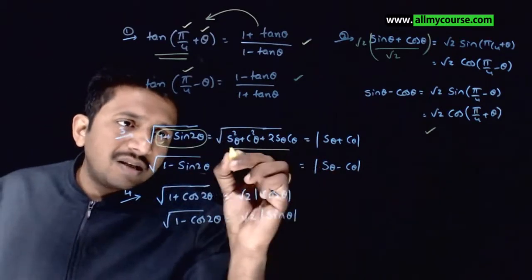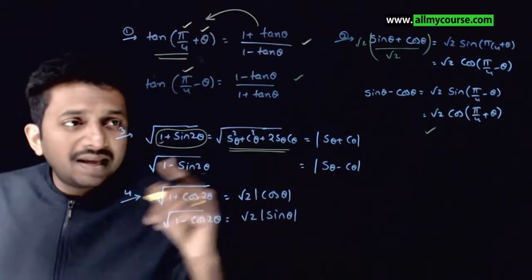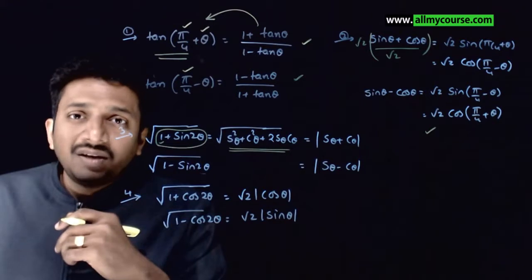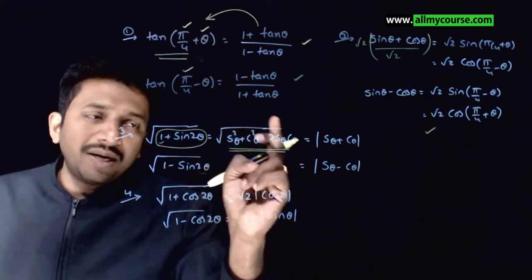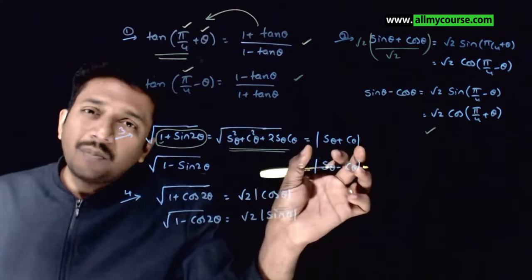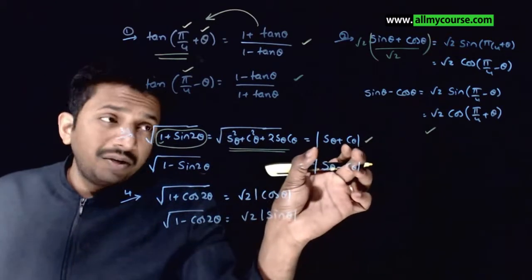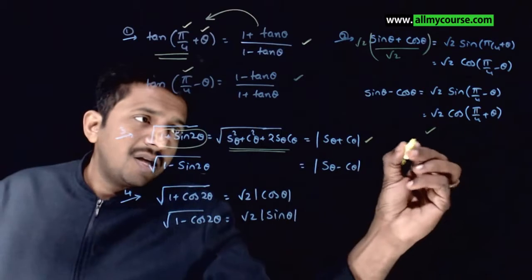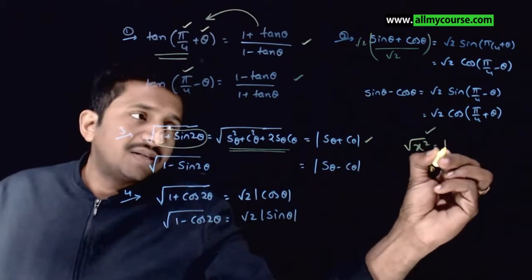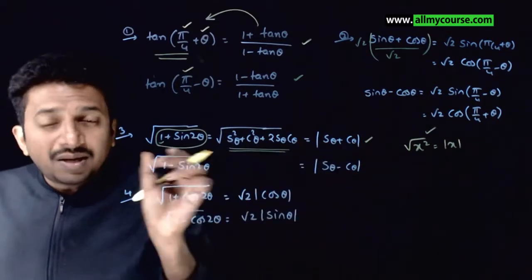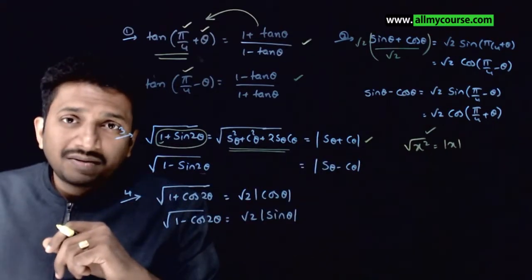Now the expression inside the root looks like a² + b² + 2ab, which is (a + b)². The square root and square cancel to give mod of (sin θ + cos θ). Remember that you need to put a mod here because the positive square root of x² is mod x, not x. If you don't put mod here, sometimes you might get wrong answers.